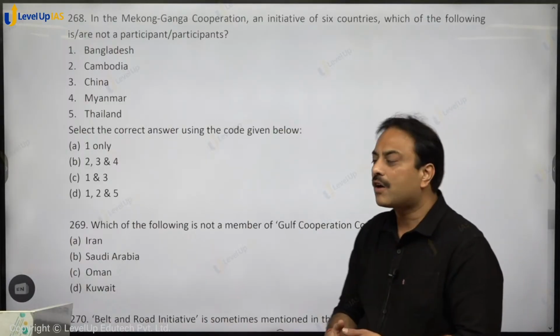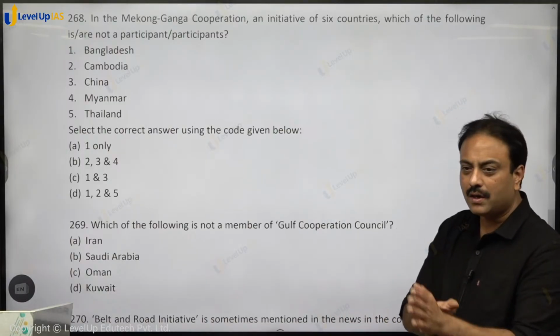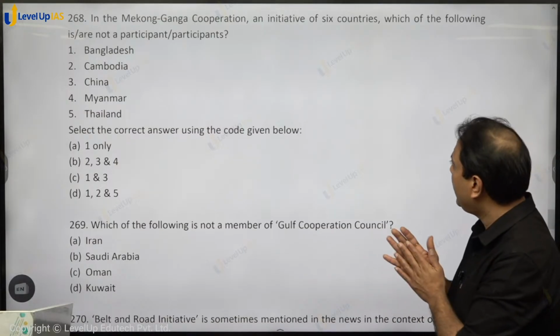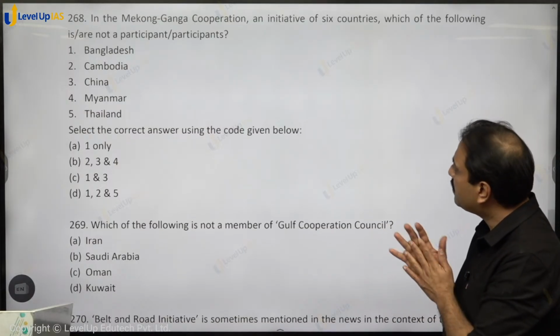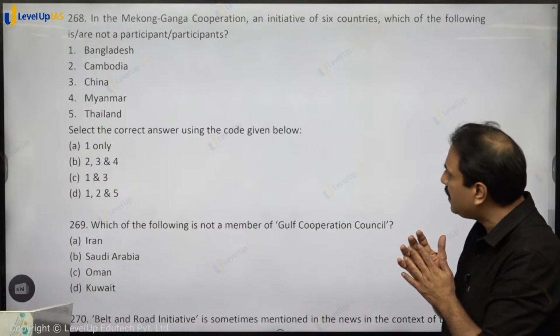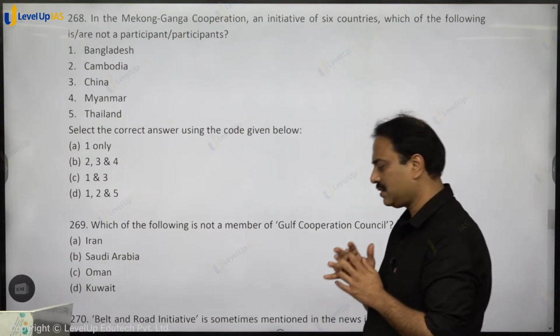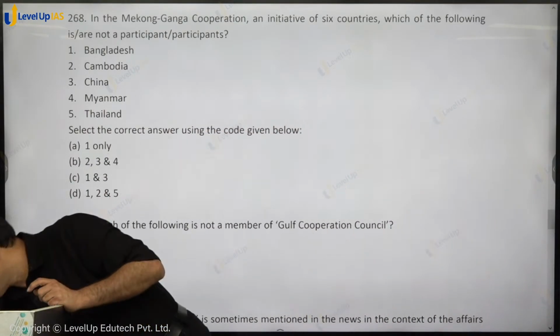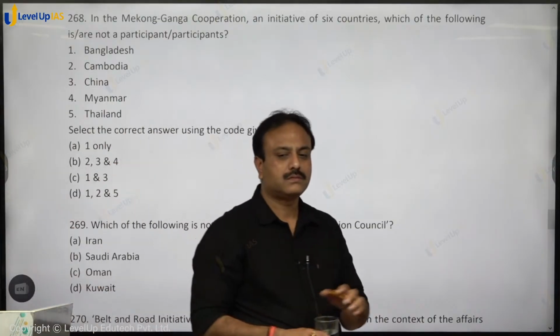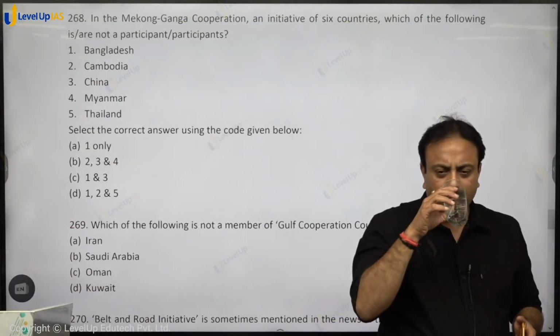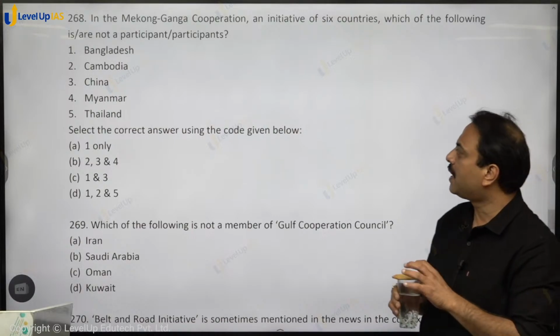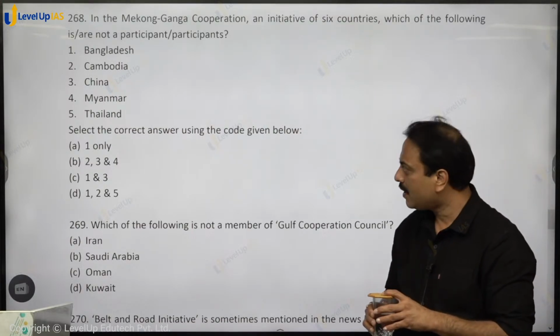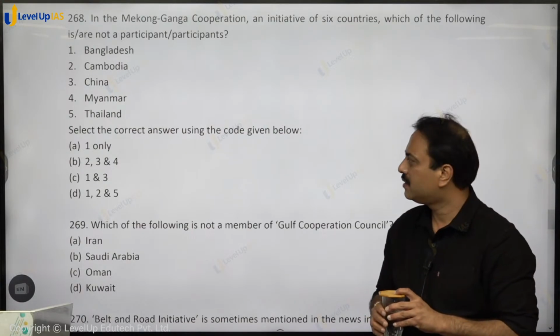In the Mekong-Ganga Cooperation, an initiative of 6 countries, which of the following is or are not a participant? Bangladesh, Cambodia, China, Myanmar, Thailand.